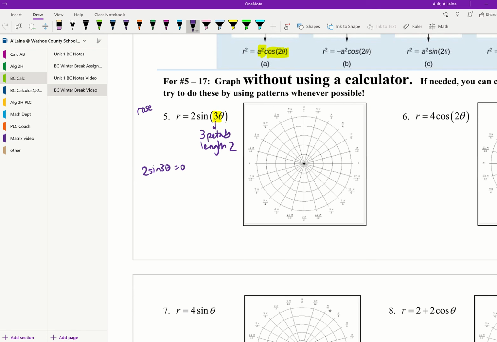So I'm looking for where sine would zero out if I divide by 2. And so the angles where sine will zero out will be at 0, pi, and then I could keep going around the circle 3 full times. I guess I'll do all of them just in case you need them.